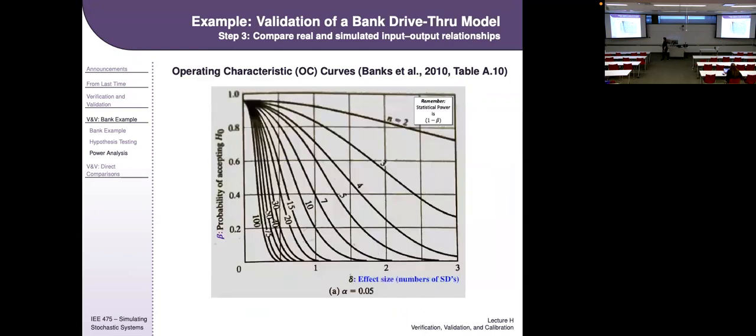So in the back of the book, there is a table which gives us this curve for a t-test for alpha equal 0.05, and it's got beta on this axis, and it's got our alpha on this axis. So we calculate the alpha that we need for our desired detectable size, and then we ask, what is our acceptable beta?